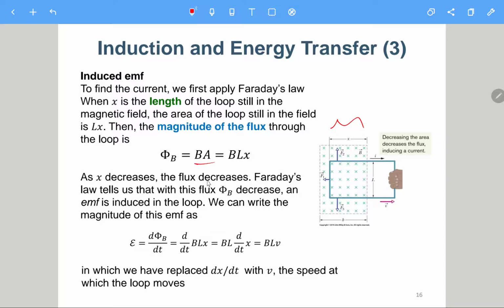Now we consider the magnitude of the EMF, so we just ignore the negative sign.